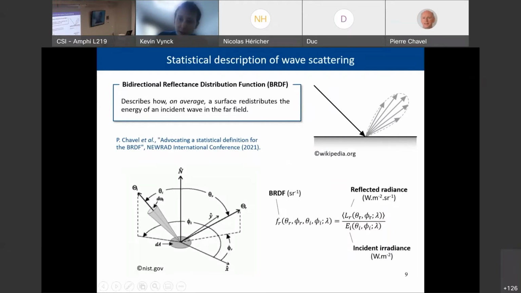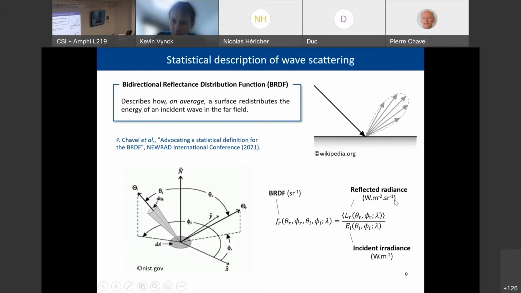So if I have a surface here that is rough, it's sketched here as a flat surface, but it can be rough. The BRDF will give you information, for all angles of incidence, on how incident light will be scattered in different directions.